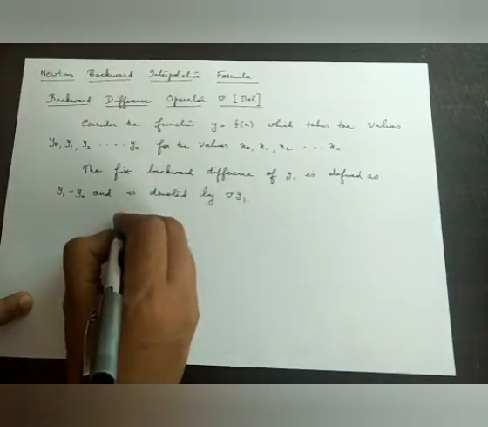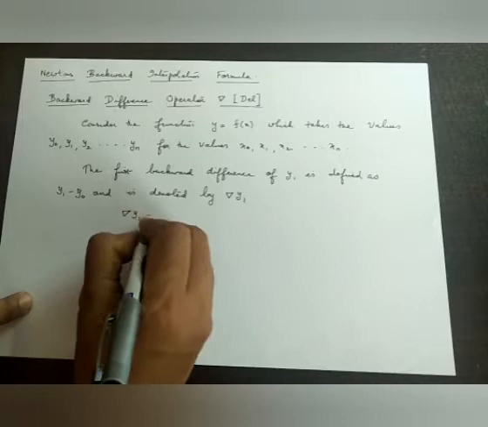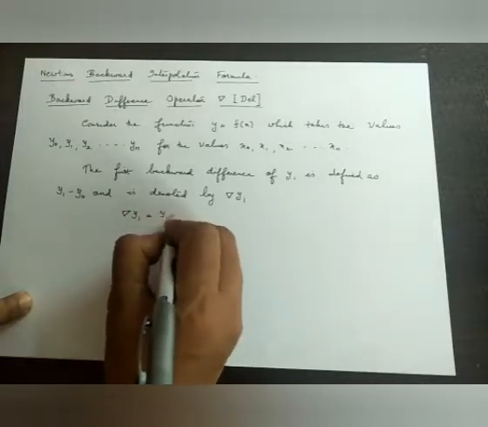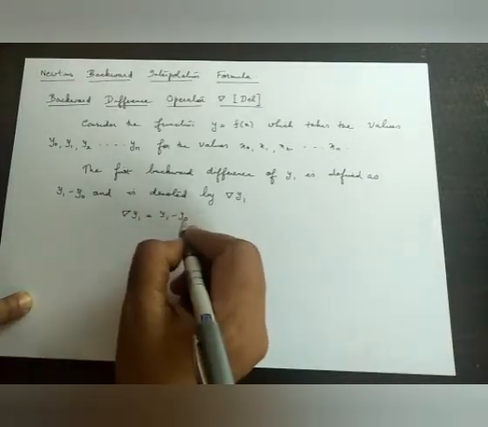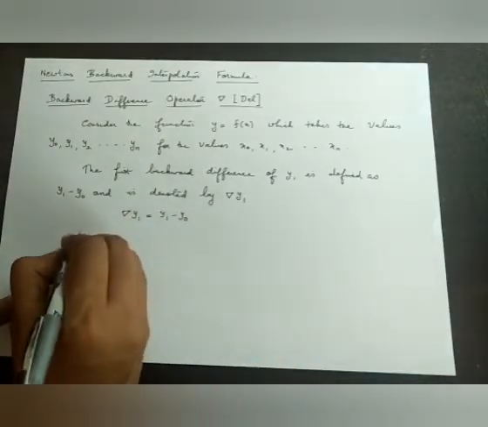So I am writing del y1 is equal to y1 minus y0.